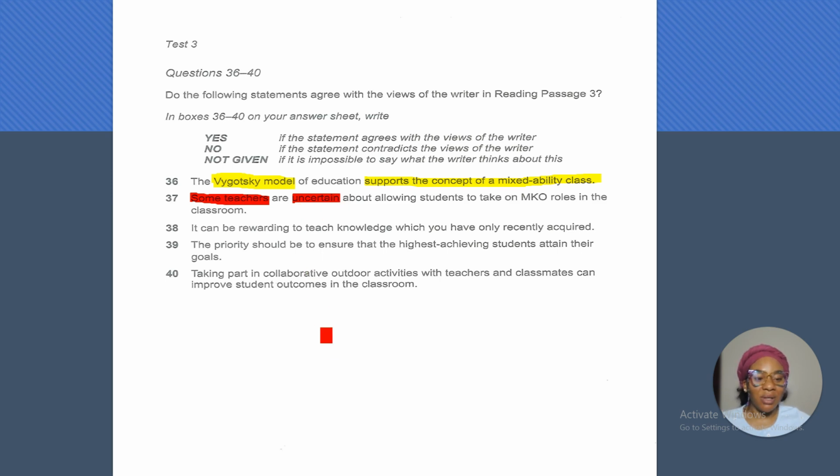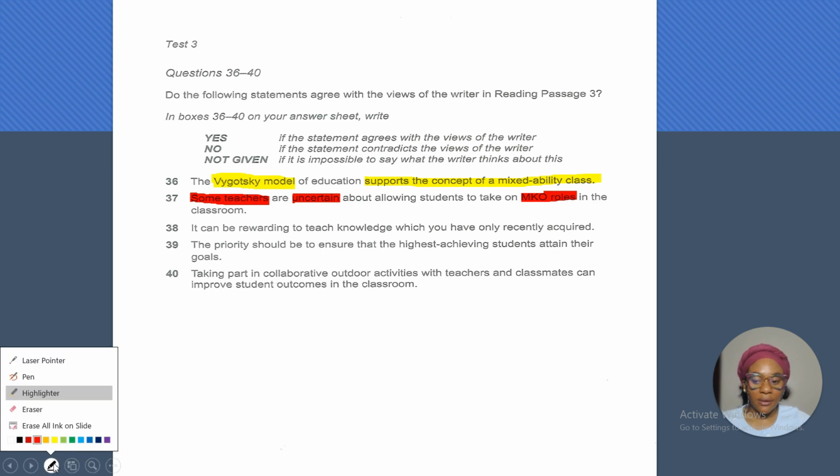That can definitely make me fail this answer. So pay attention, because certain and uncertain are opposites. Some teachers are uncertain about allowing students to take on MKO roles in the classroom.